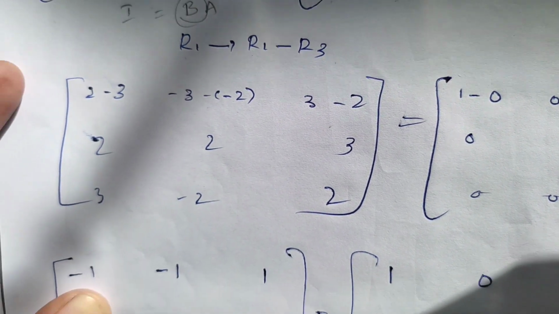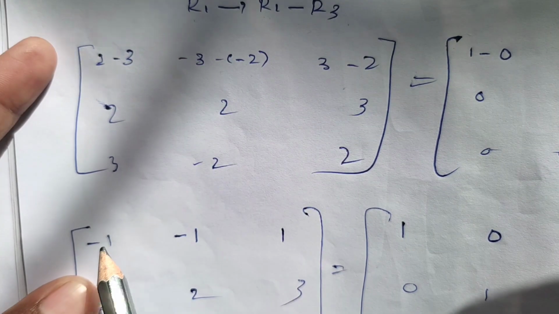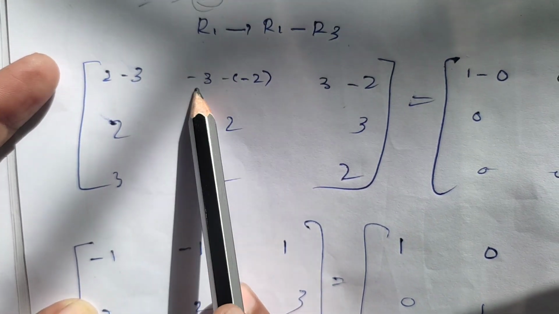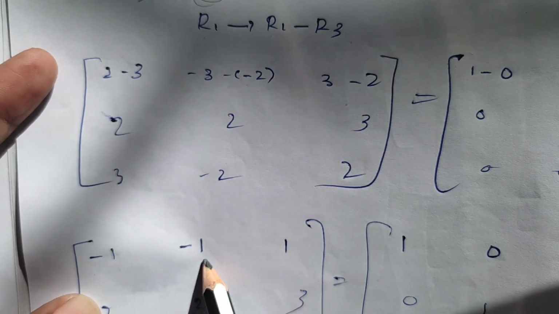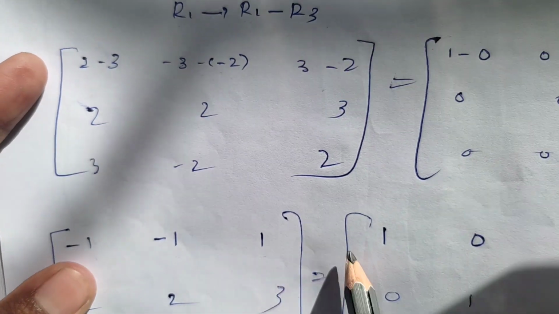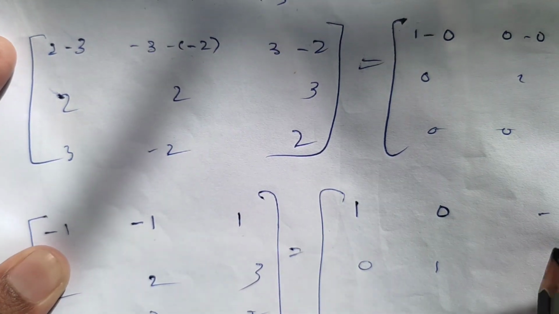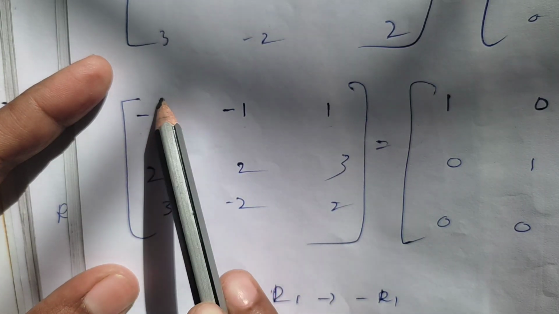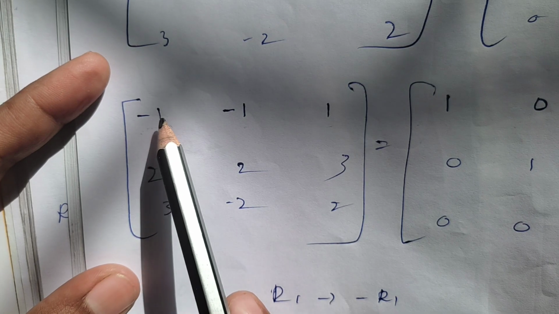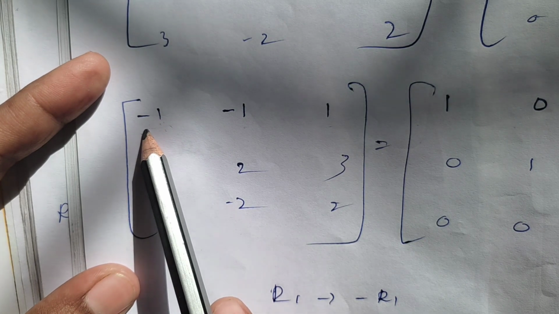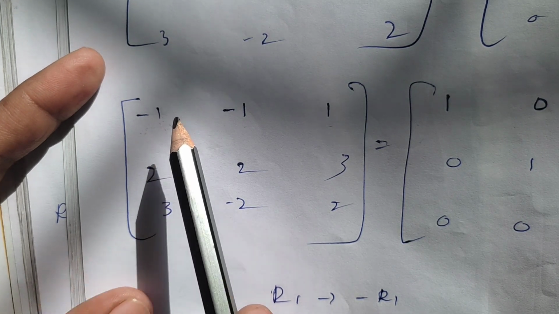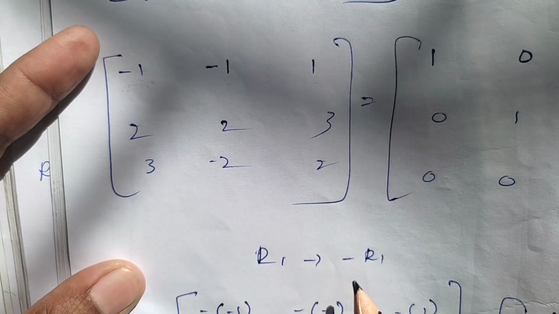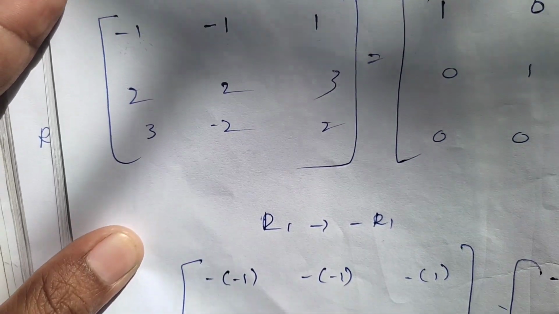Next step, on simplification, we get minus 1, minus 3 plus 2, minus 1, 3 minus 2, 1. Here 1, 0, minus 1. Here we have minus 1, but we need it to be plus 1. So I am just multiplying this element by minus 1. So R1 tends to minus R1. So what happens?